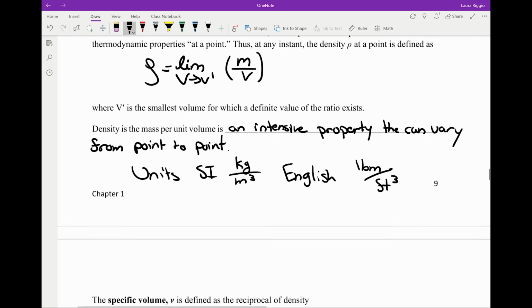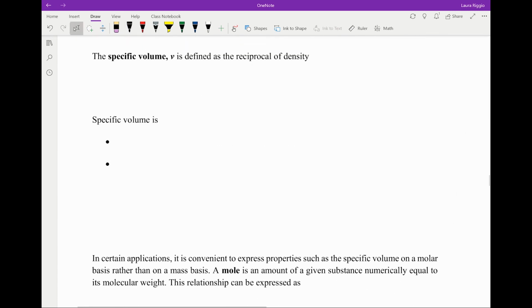So specific volume, which we're going to use a lot in this course, is defined as the reciprocal of density. So specific volume, which is a lowercase v, is 1 over our density, which is equal to our volume divided by mass. We're going to deal with a lot of specific properties, which basically means we're dividing an extensive property by mass.